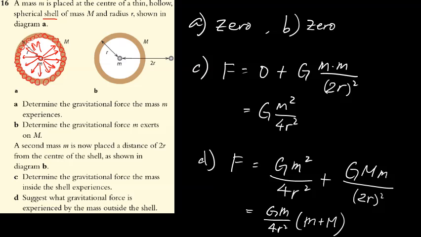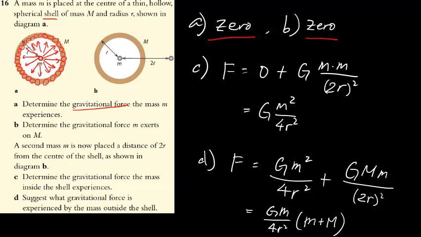So the gravitational force experienced by the middle mass m would all be cancelled out, because this is a perfect sphere, and therefore for part A it will be 0. For part B, it is also 0 because of Newton's third law itself. The forces acting on A by B, or on B by A, are basically the same.